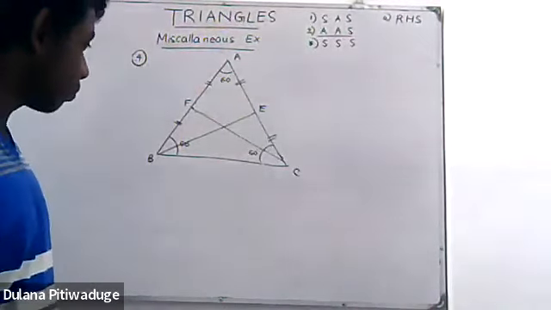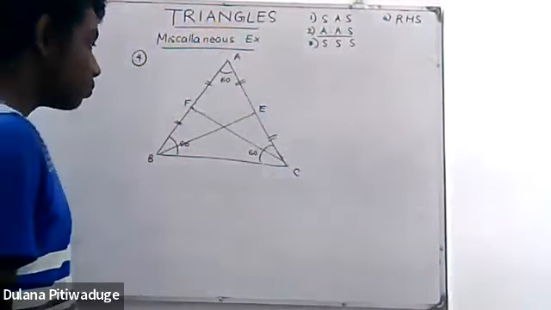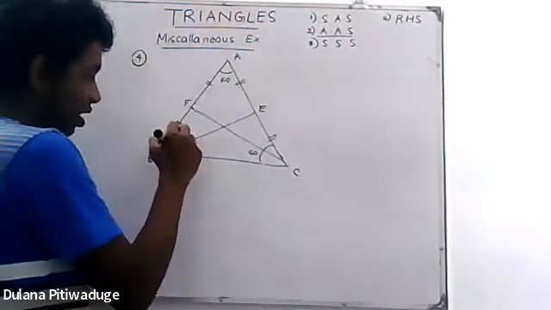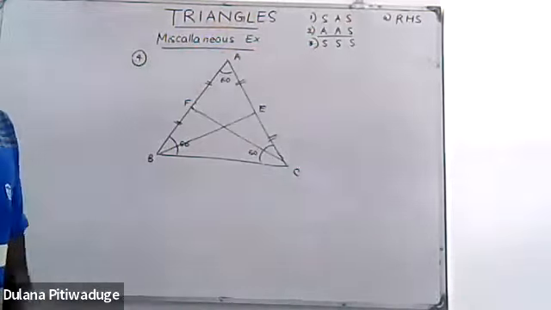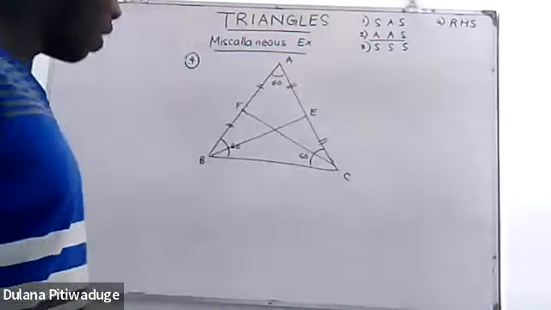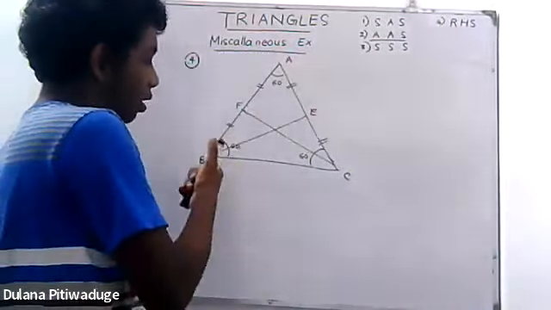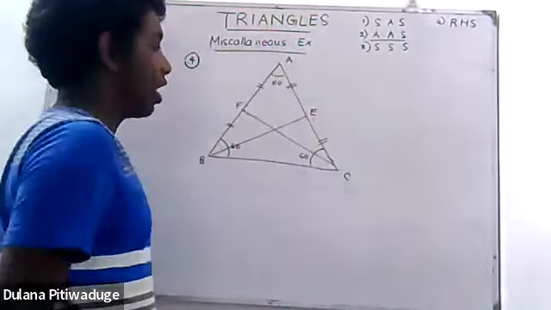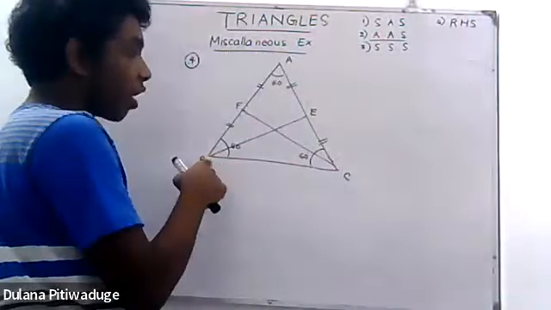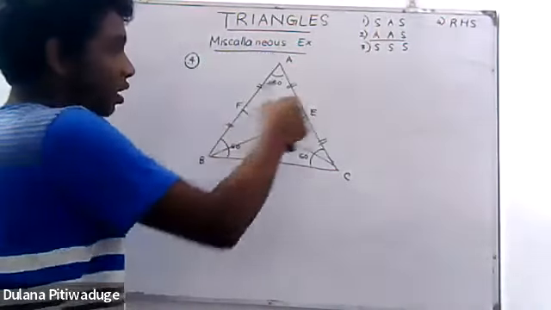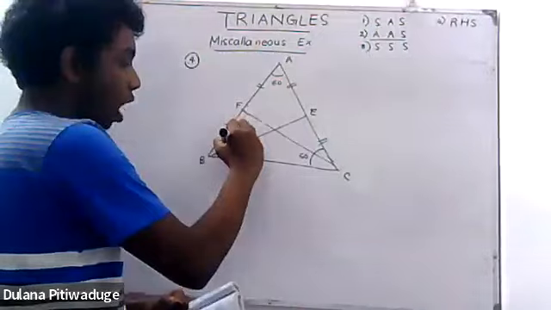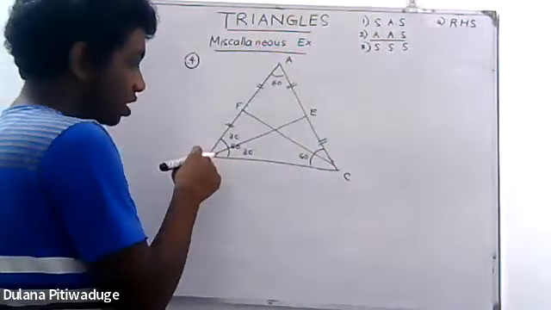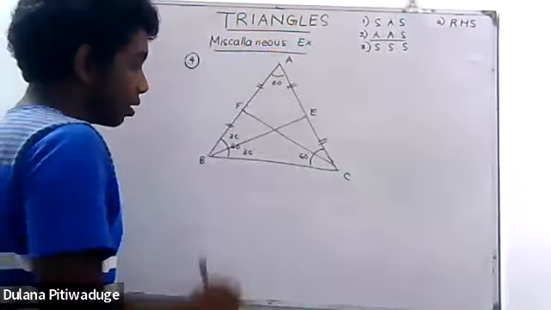Here, if we consider these angles, by theorem, if the line drawn from this vertex over here bisects the line in front of it, that line bisects the angle as well.